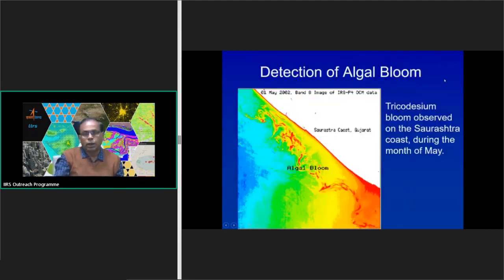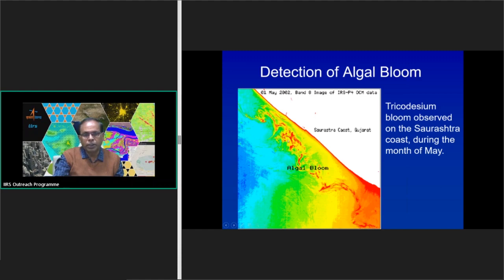And coming to algal bloom, sometimes you can find a high concentration of chlorophyll present in the water. Even they are quite visible in the visible remote sensing domain, even without atmospheric correction.